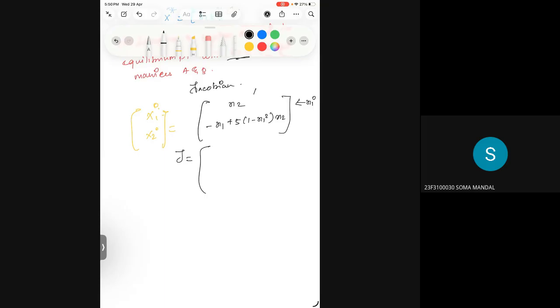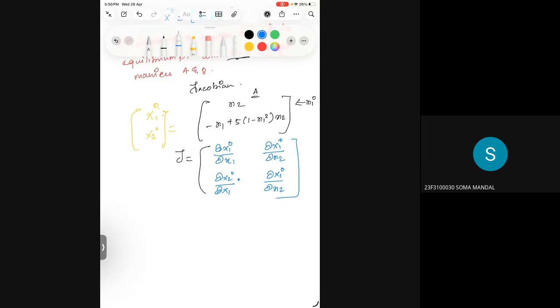So x1 dot, x2 dot. I'm writing dou x1 dot by dou x1, dou x1 dot by dou x2, dou x2 dot by dou x1, dou x2 dot by dou x2. Is it right? Sometimes I make mistakes. Should x1 dot be here or here?